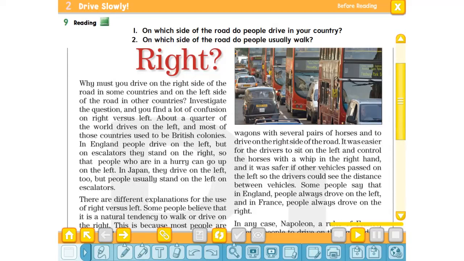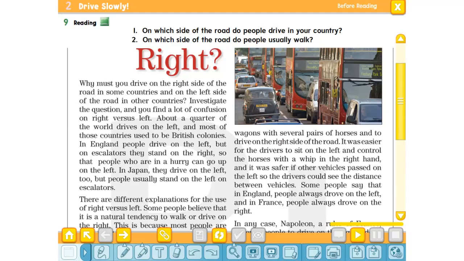Investigate the question and you find a lot of confusion on right versus left. About a quarter of the world drives on the left, and most of those countries used to be British colonies.